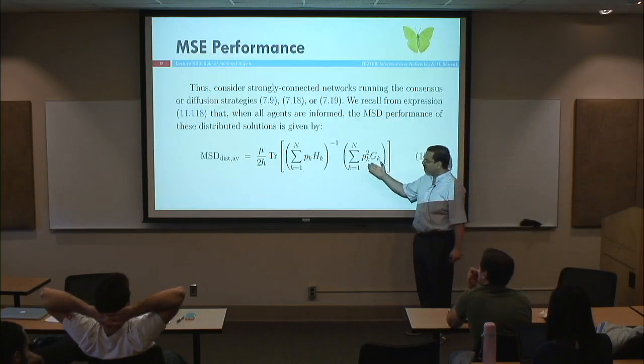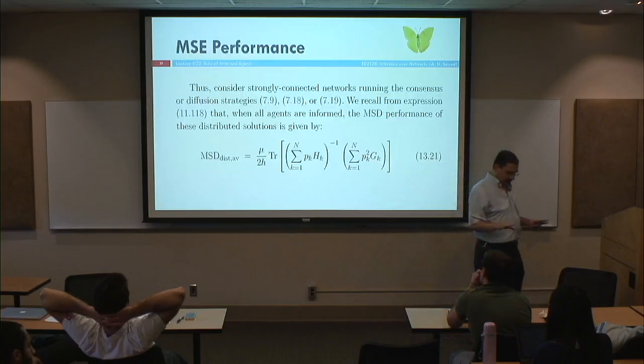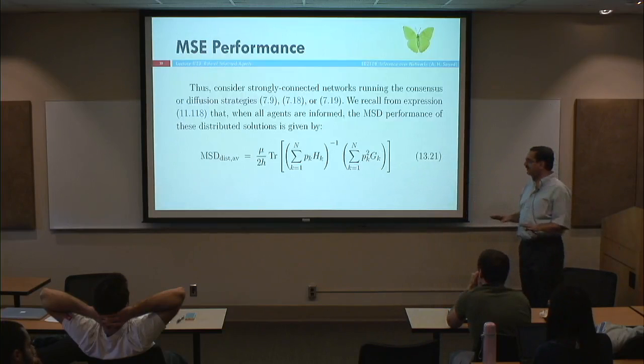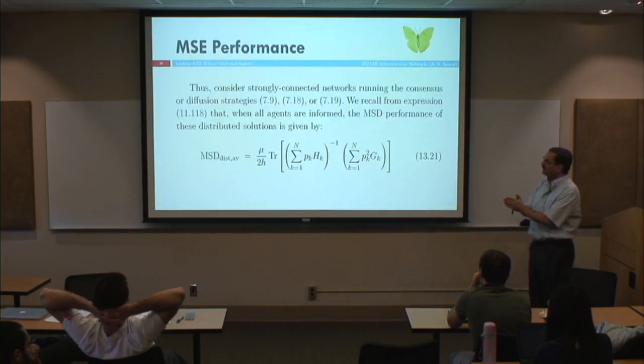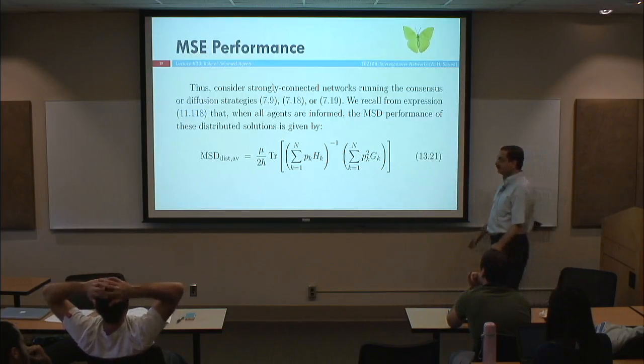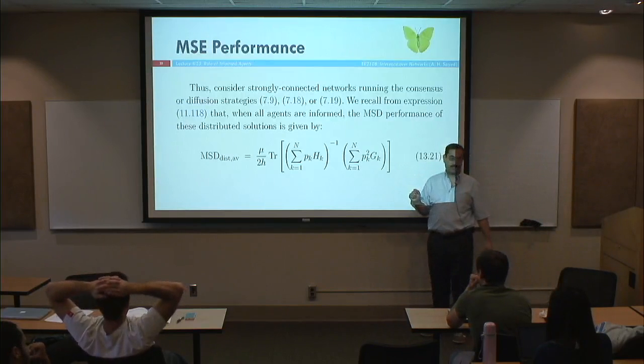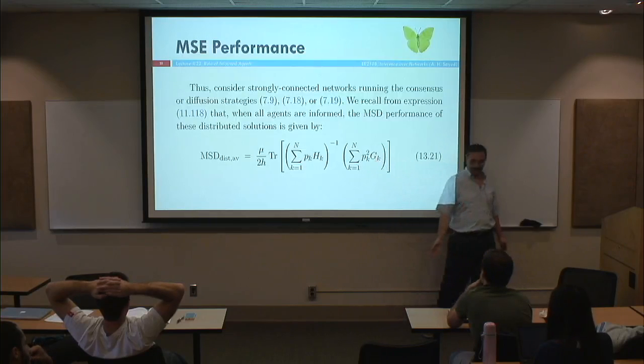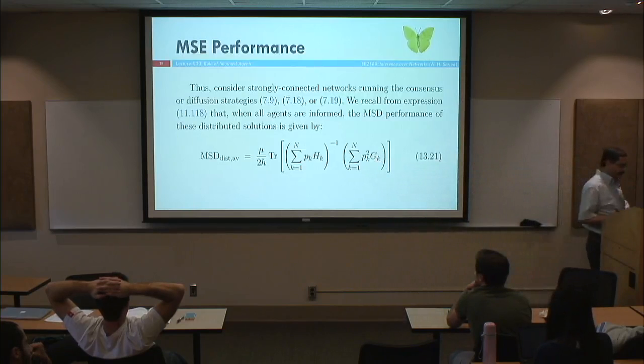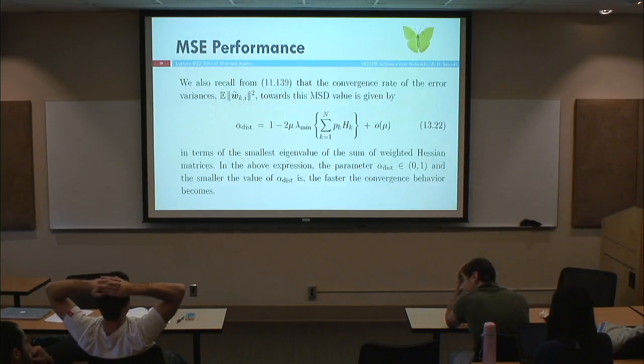What will change? What will be the performance over a network where a subset of the agents are informed and the others are non-informed? Can you guess what will change? The sums will be only over the informed agents. That's what will change. If you go back to the argument and carry it out, this is what will change.